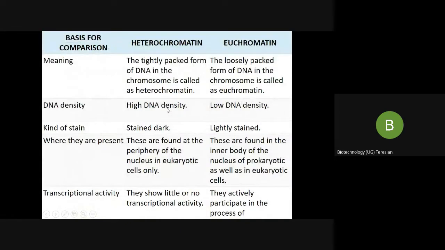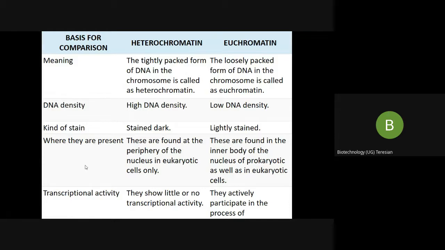And this tightly packed heterochromatin has high DNA density, whereas the loosely packed euchromatin has a low DNA density. And since the heterochromatins are tightly packed, they stain dark, whereas the euchromatin, which is loosely packed, stains lightly. And where are these hetero and euchromatin present?